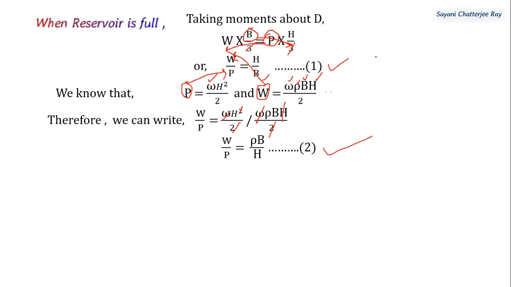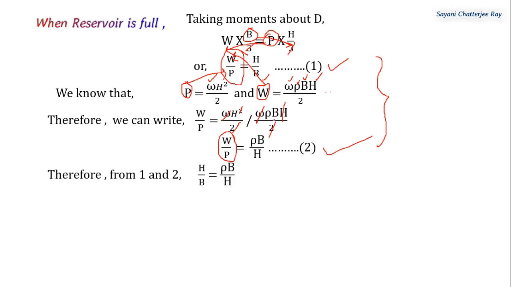Now we will equate both these equations because we can see W upon P is common. So after equating equation number 1 and equation number 2, we get h upon b equals S times b upon h. Here you can see h upon b, so I have put it here, and S times b upon h, so I have put it here.